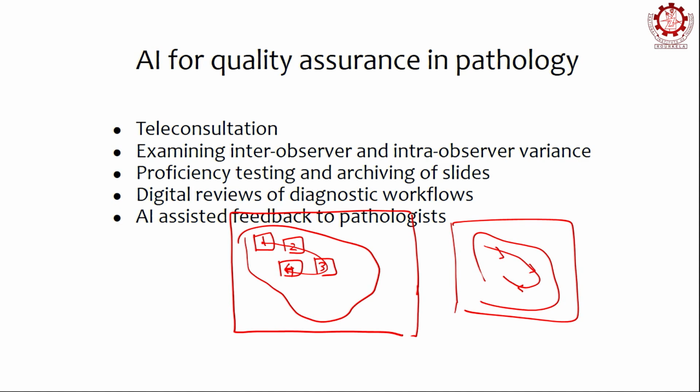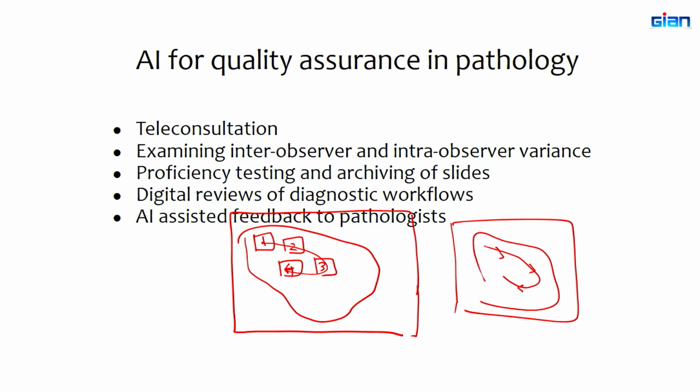If you had a provision where the scan path was saved, then if there is any mistake while the senior pathologist is reviewing what the junior pathologist has done, they can tell them that this is the path they followed, or this is what went wrong when they were diagnosing this image.